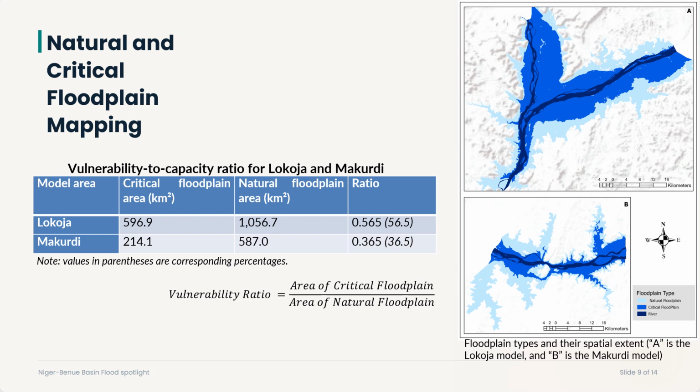In Lokoja, as shown in the Lokoja model, map A on top, while Makurdi is map B below. For the Lokoja model, map A, the vulnerability capacity ratio, as captured in the table by the side, is 0.565, meaning that about 57% of the natural floodplain area is critically vulnerable.